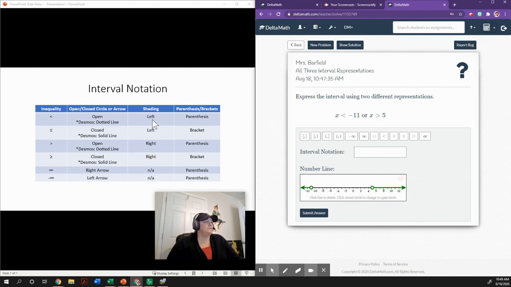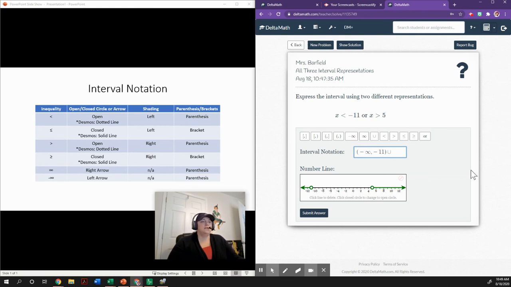Okay, and I have an open circle, which means I need a parentheses, and infinity needs parentheses. So parentheses, parentheses. So I need -infinity to -11, or union.